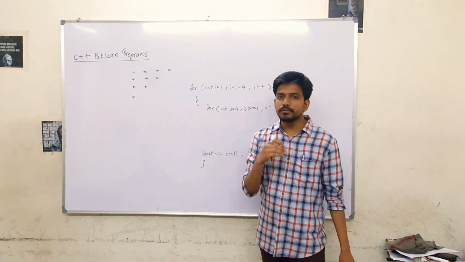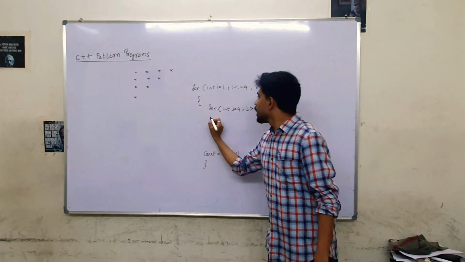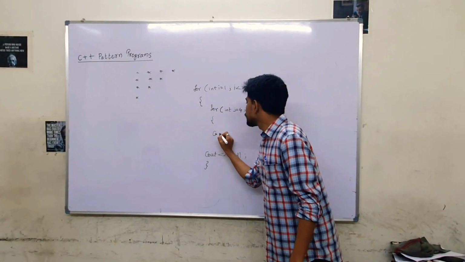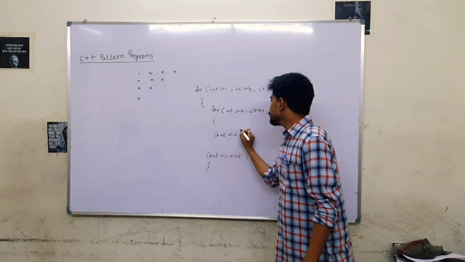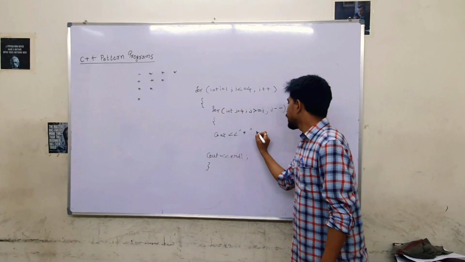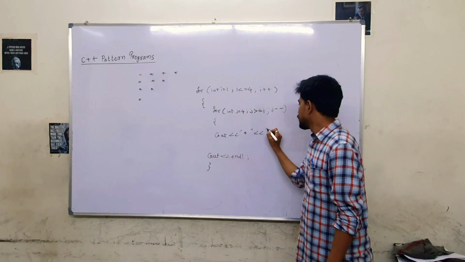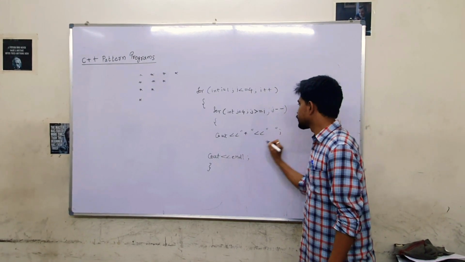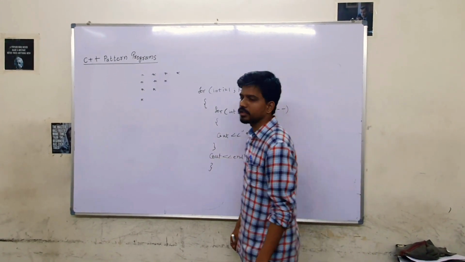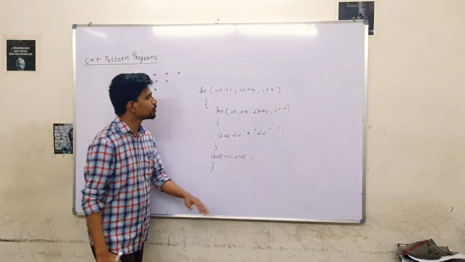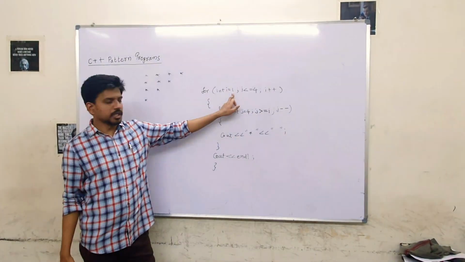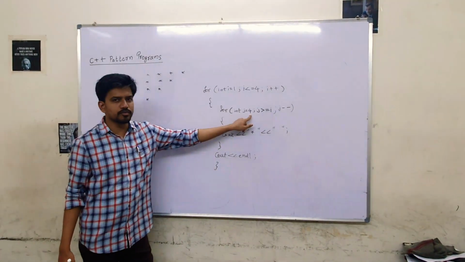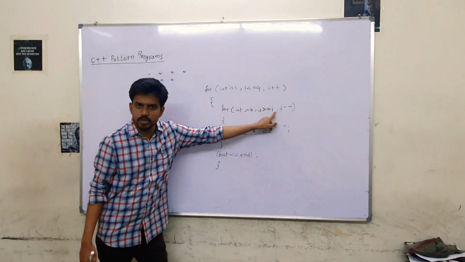I will make you understand by executing this loop. Let us say cout asterisk and again a blank space. This gets done. Okay, let us execute this. If i is equal to 1, I will go inside. j is equal to 4. 4 is greater than or equal to i.